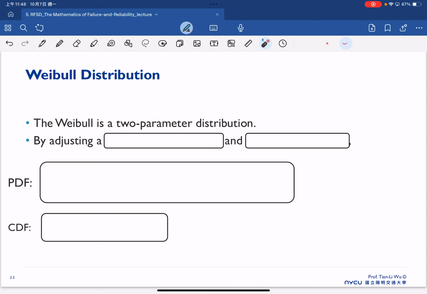The Weibull distribution is a two-parameter distribution, so there are two parameters we can adjust. The first one is the time scale parameter, and the second is the shape parameter.